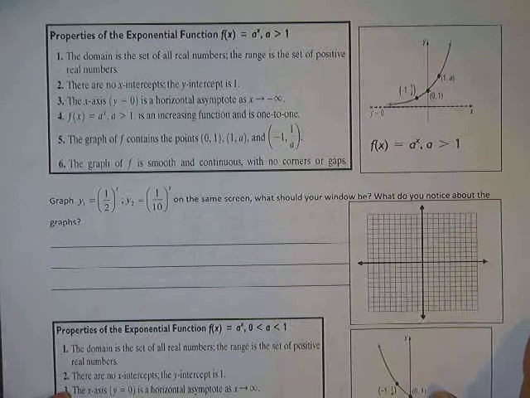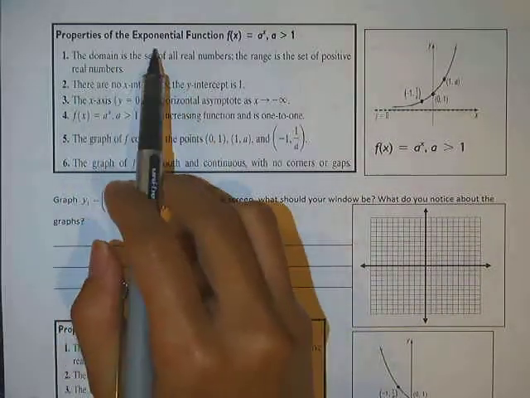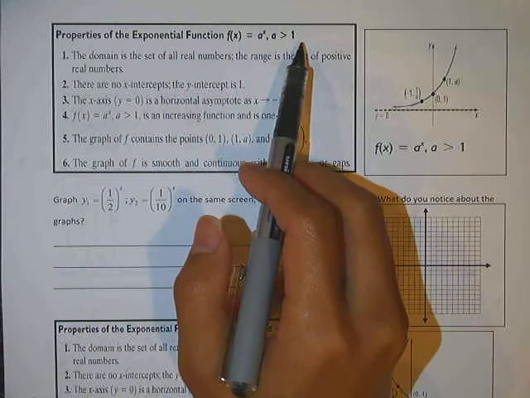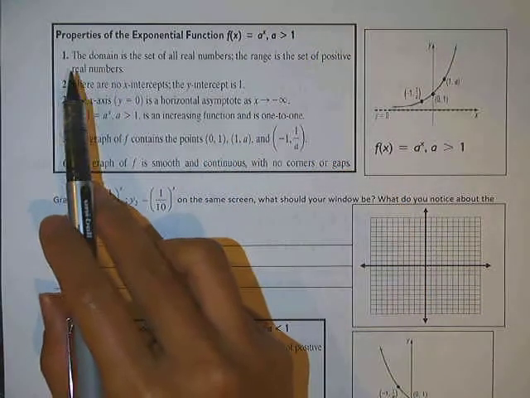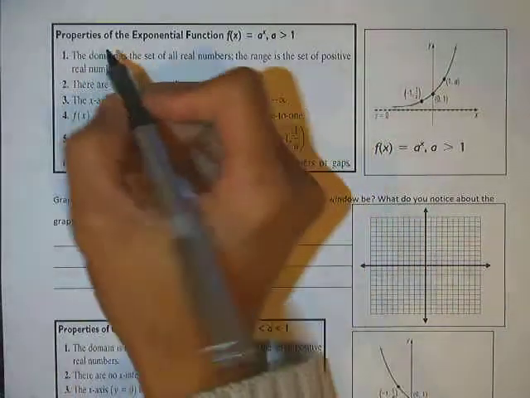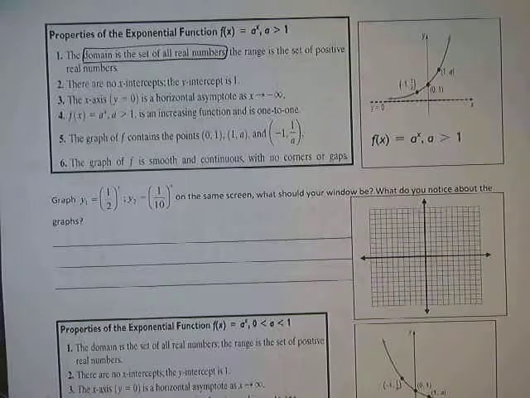Now that you're back from pausing, let's read this box right here, which is super important. Properties of exponential functions: f of x equals a to the x, where a is greater than 1, like 1.1, 1.2, anything bigger than 1. The domain is always all real numbers, no matter what exponential function we're talking about.